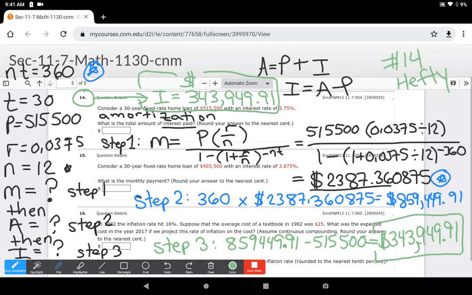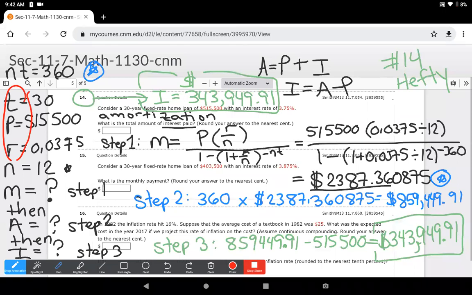So looking at the input that they gave me, which was really just these 3 here, I asked which formulas can I even insert that into? And that left me with 2 choices, either future value or that amortization. And considering it's a home loan, we went with the amortization.